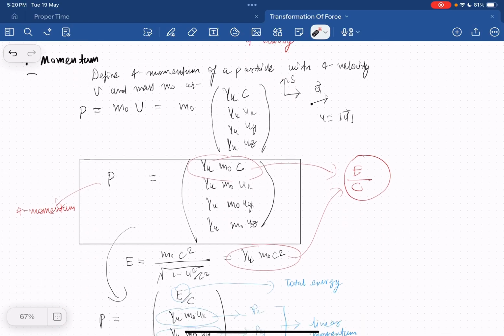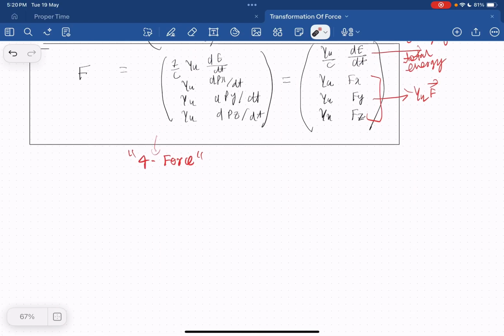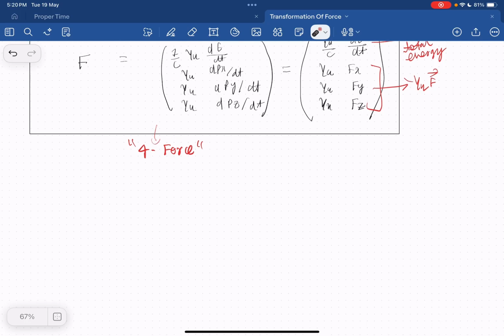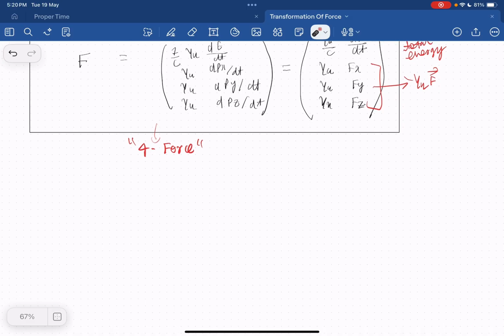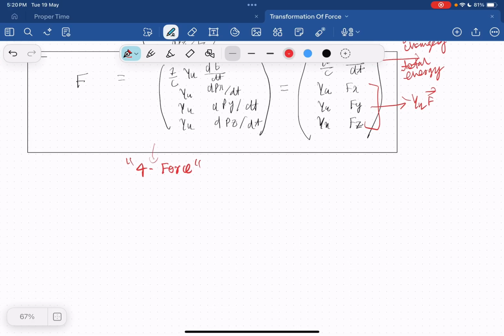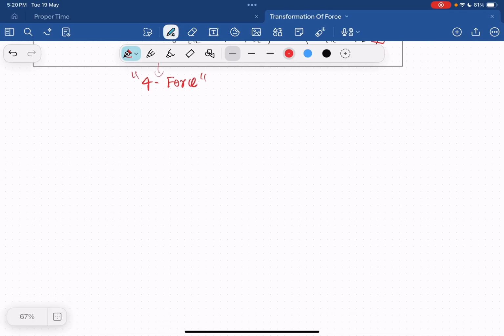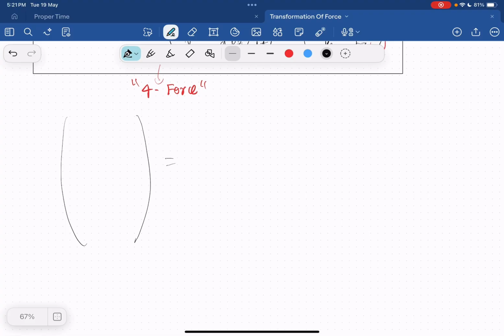So now we can perform the transformation, right? So suppose we are going from some frame S to S prime. So we have the 4 vector, this is the transformation matrix.